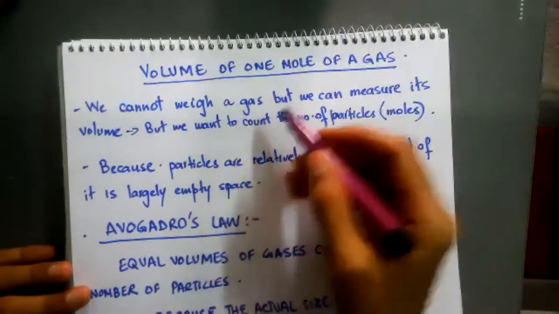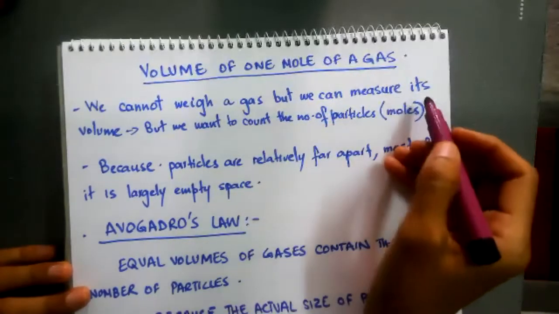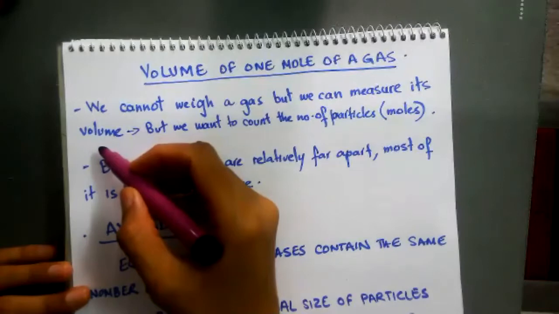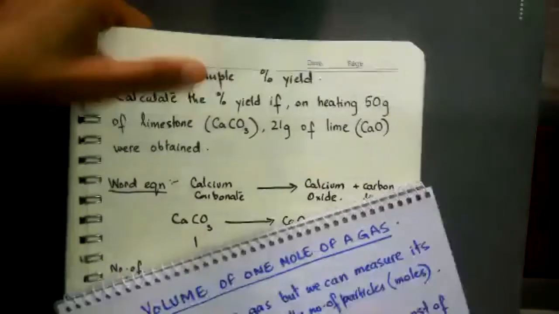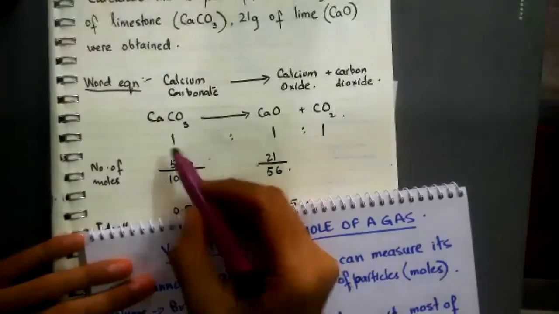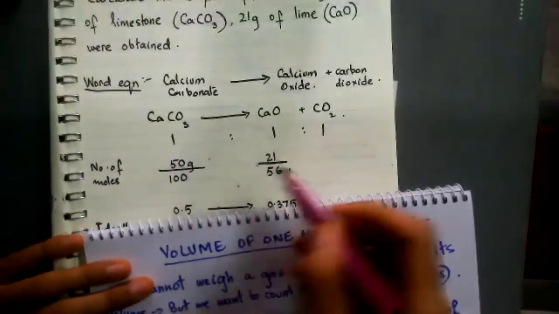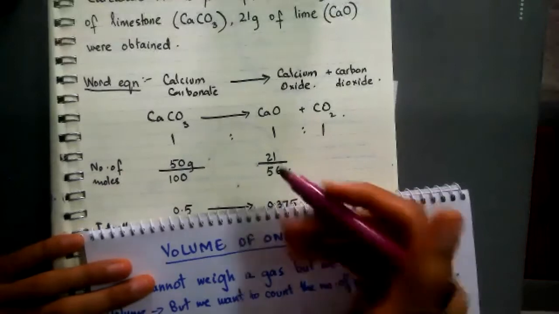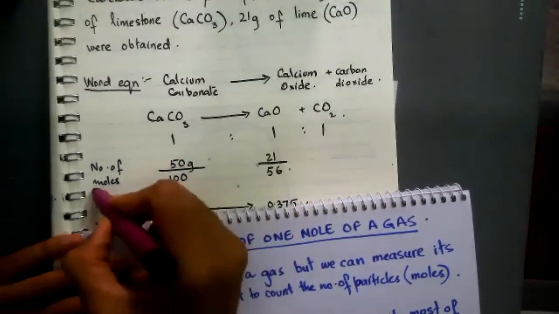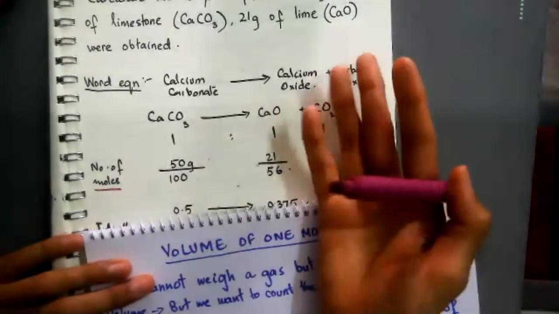So instead, it is easier to measure their volume. But remember, in our calculations we are always concerned with the number of moles, right? What is a mole? This is just a measure of particles.